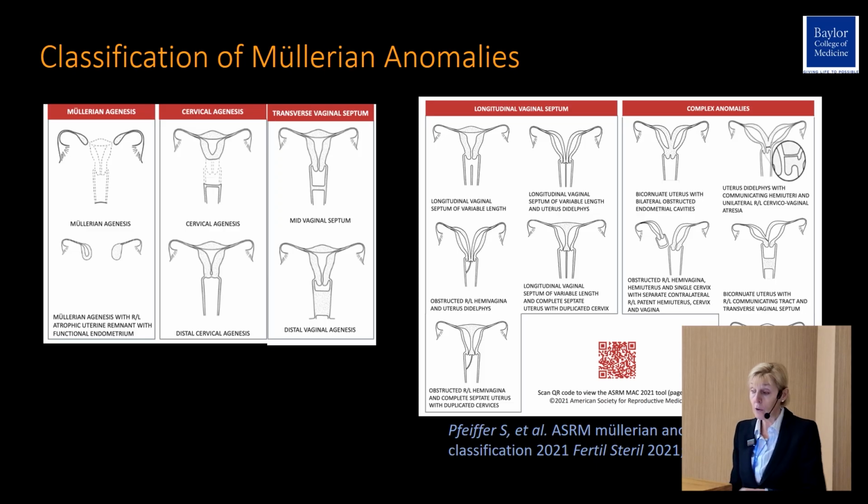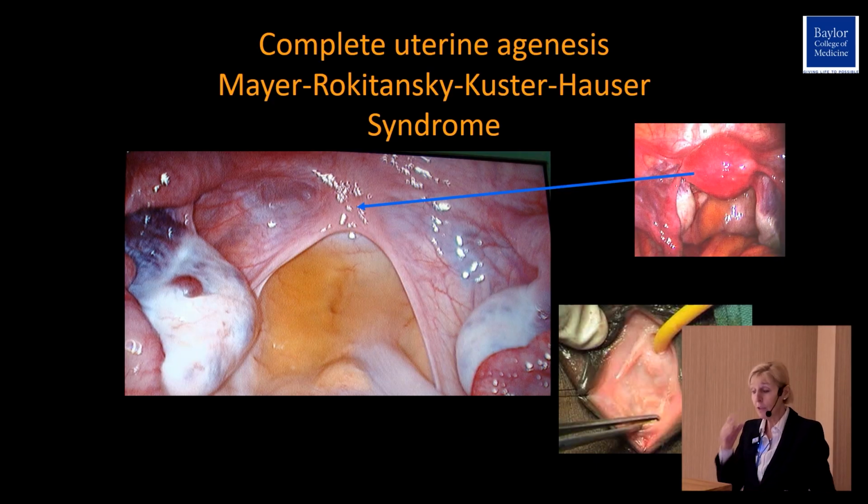I first wanted to show you what is the complete uterine agenesis, which is also called the Mayer-Rokitansky-Kuster-Hauser syndrome. It is the complete absence of the uterus and the tubes, and typically there is no vagina as well, and so there's no bulging at the level of the hymen ever whenever we see this uterine agenesis.